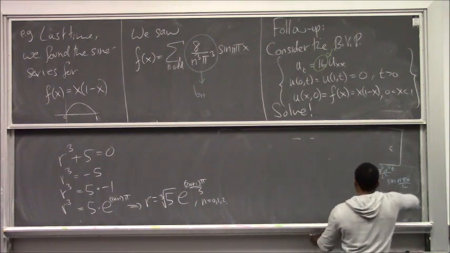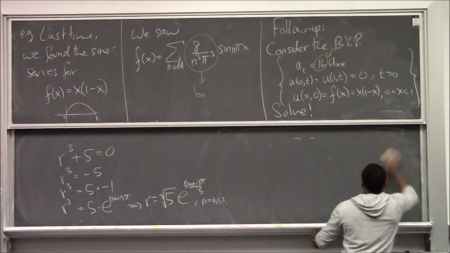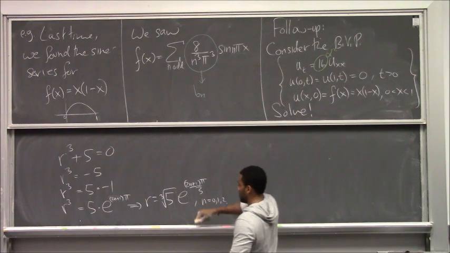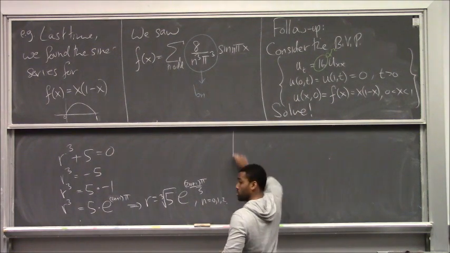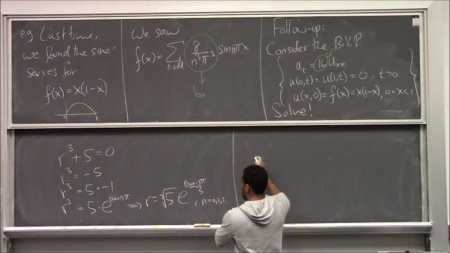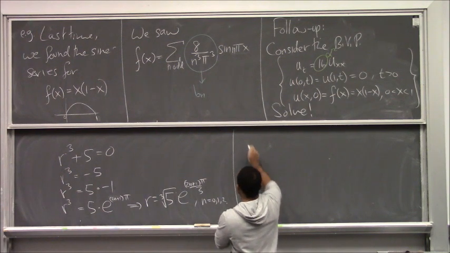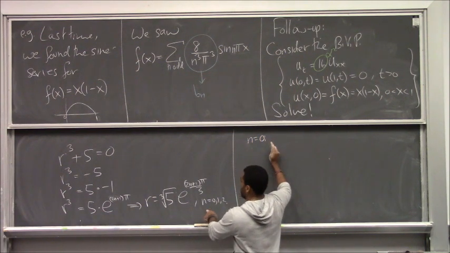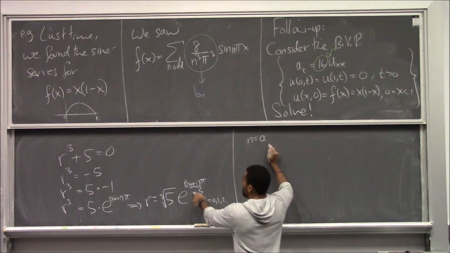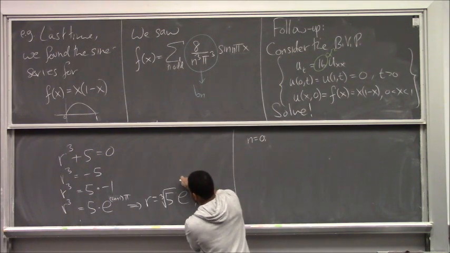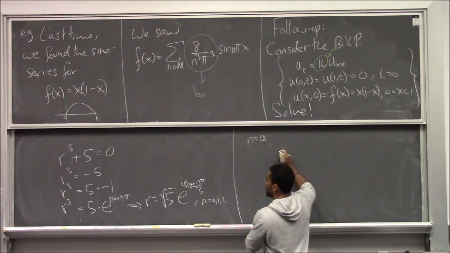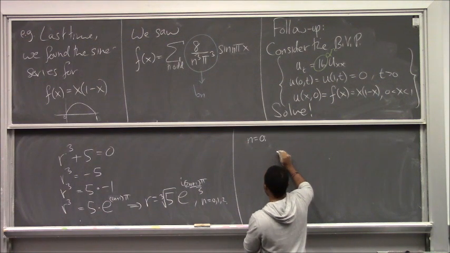Are you going to specify which kind of series to use for such a thing, or for different things? Let's just finish this up. N equals 0, you get e to the i pi over 3, and that would be what?